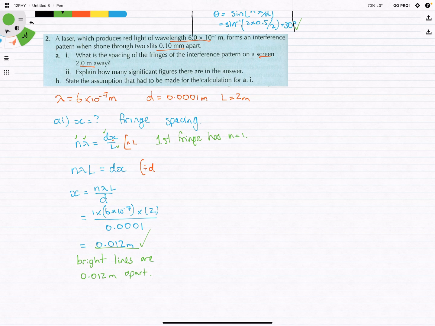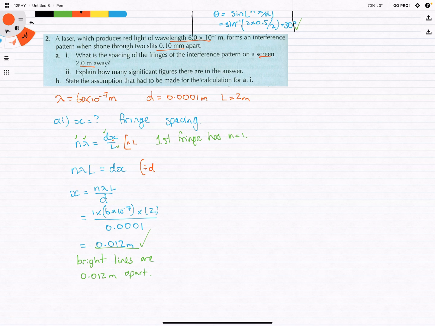Second part. How many significant figures are there in the answer? Let's look at the data we've got to help us answer this. I didn't write a whole number here, which will be a problem. This is 6.0.